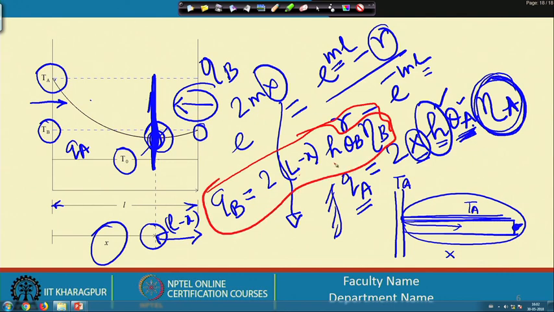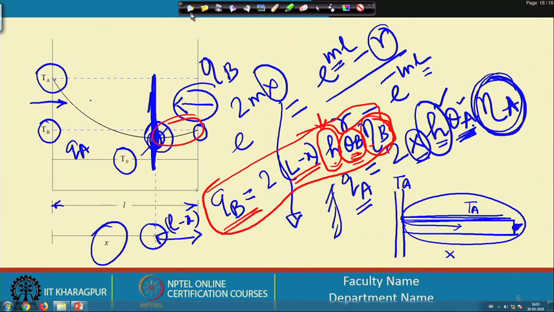Here we are finding that this remaining length of the fin L minus x is having heat transfer coefficient h between the fin and the fluid, and it is as if the entire fin is at a fin base temperature of theta b, which is not actually the case, but this fin efficiency is taking care of that, so that this entire fin is assumed to be at theta b. So, this is q a and q b.